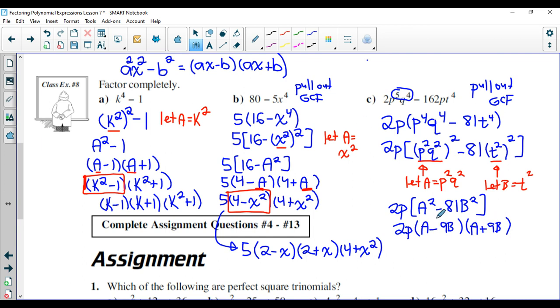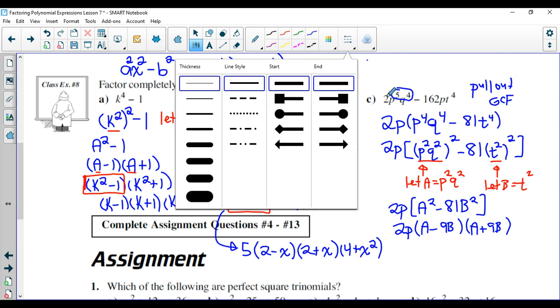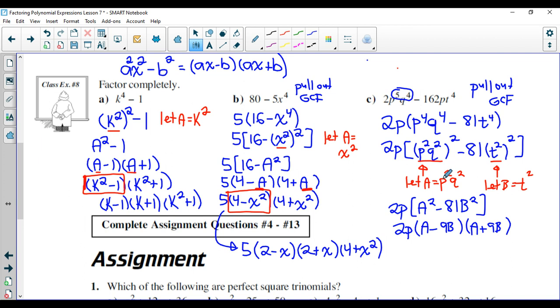But now that we've factored this, we then have to put these values that we substituted back into the expression. So a we're going to replace with p squared q squared, and b we're going to replace with t squared.